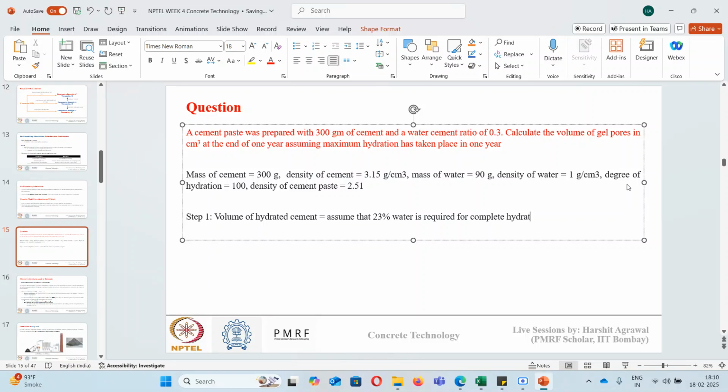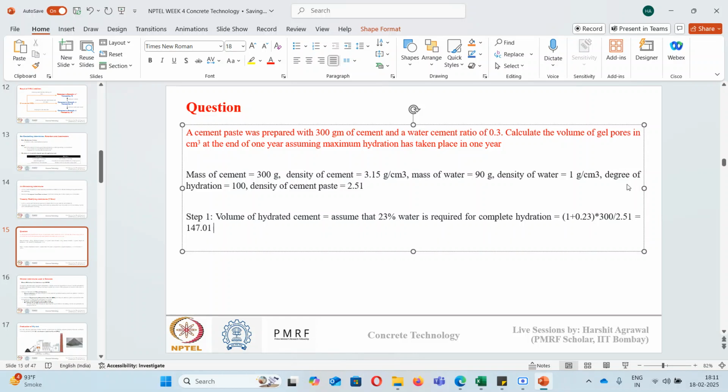If I assume this, then my volume of hydrated product will be nothing but (1 plus 0.23) times 300 divided by 2.15. So this value will come out to be 147.01 centimeter cube.